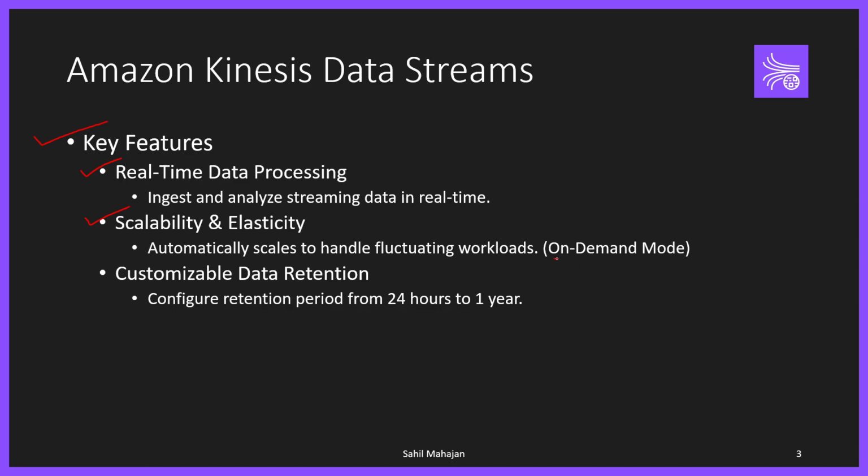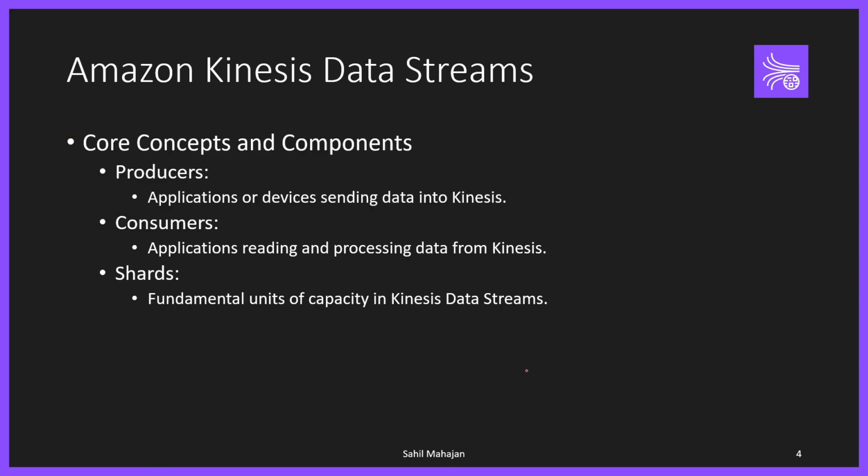We will be talking more about on-demand in a couple of minutes. The third feature is a customizable data retention period. The data that you ingest into Amazon Kinesis can be retained anywhere from 24 hours to 365 days, that is, 1 year.